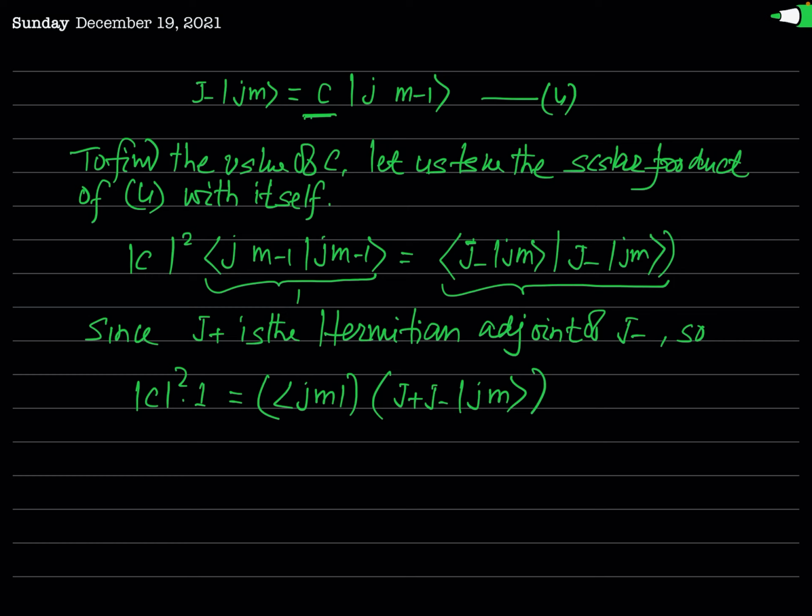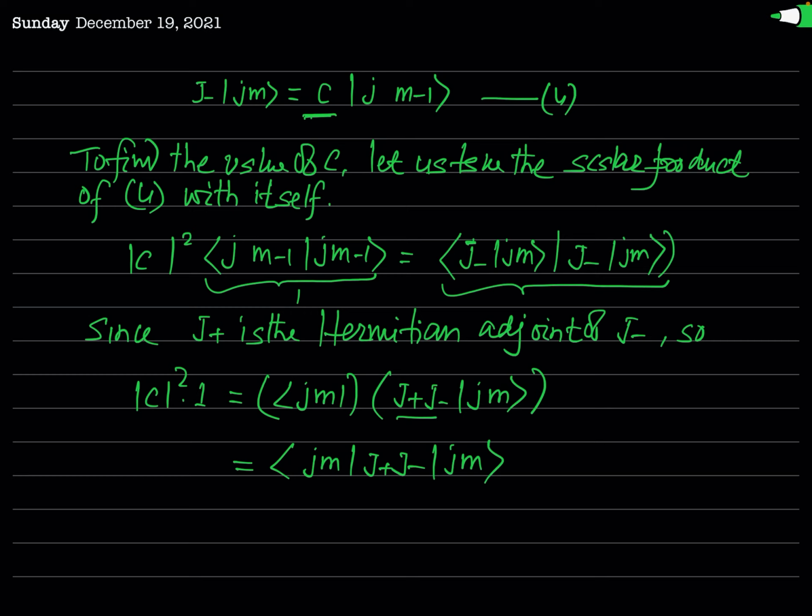Now in fact this j plus j minus operator, you can see this RHS can be written as <jm| j plus j minus |jm>. This is simply the expectation value of the operator j plus j minus.